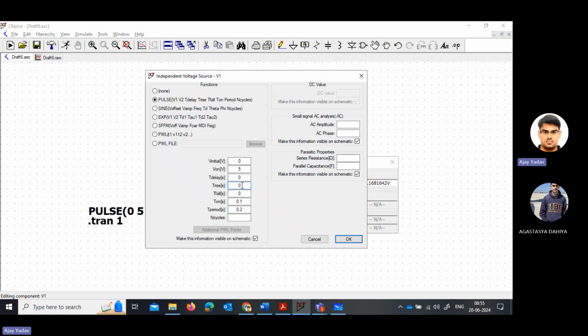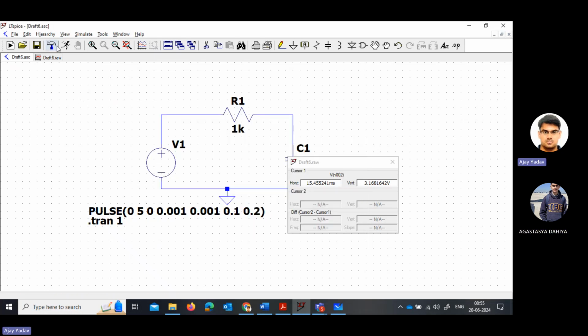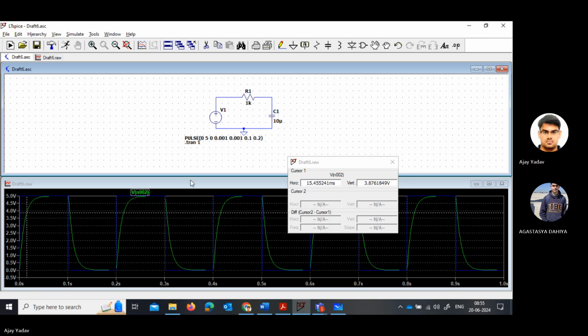Suppose the rise time is 0.001% and the fall time is also 0.001. So what is the response? Let's check. We'll simulate this and then try to obtain this again.